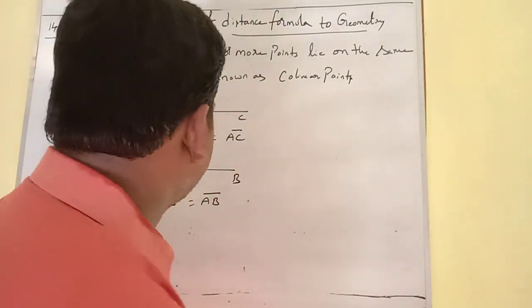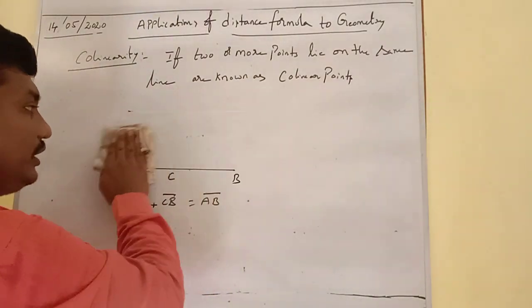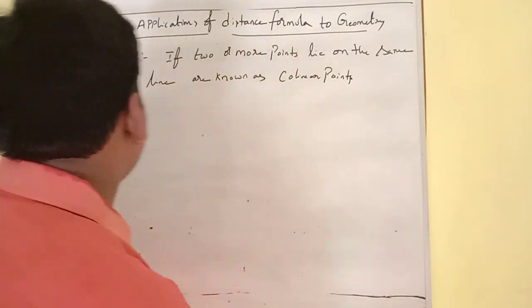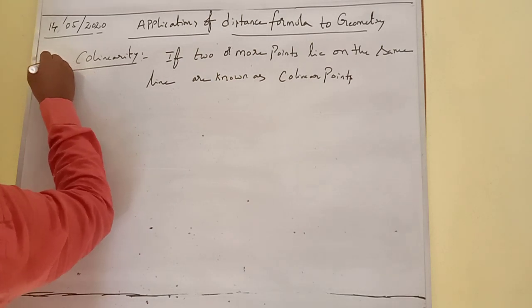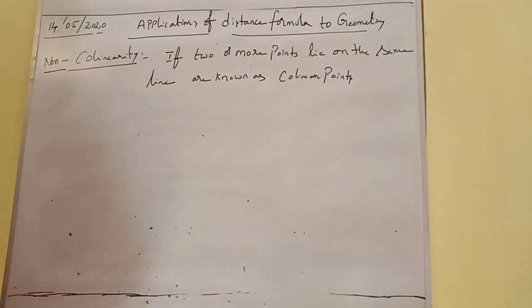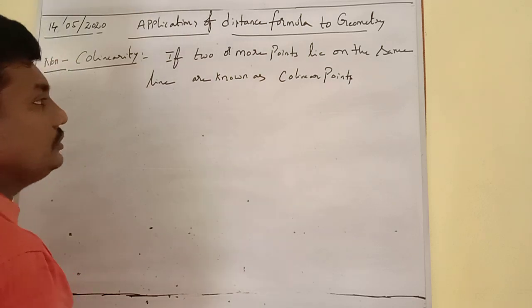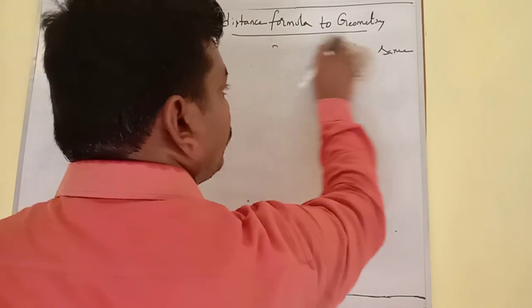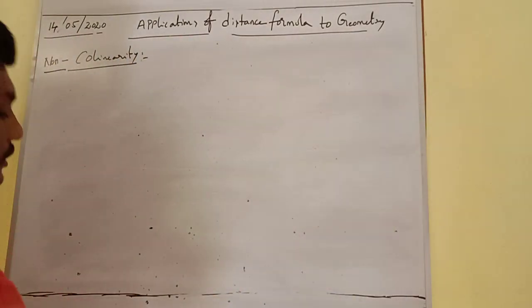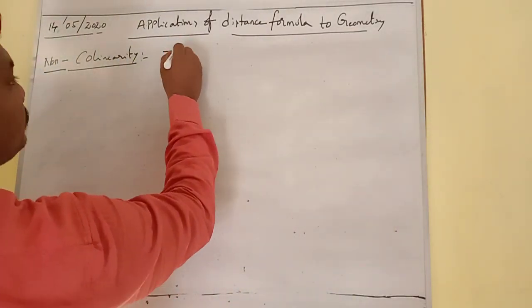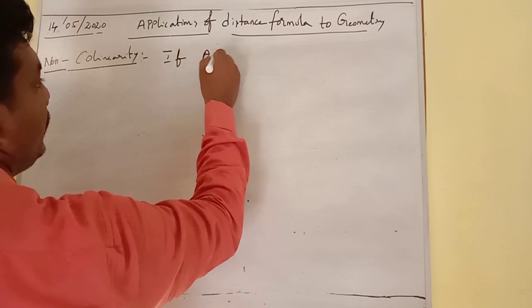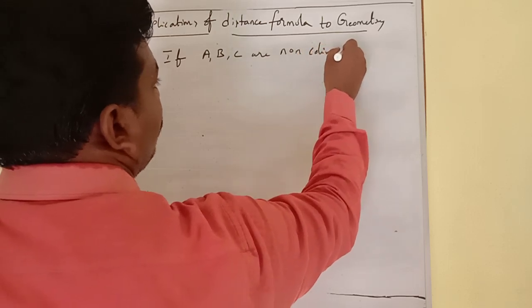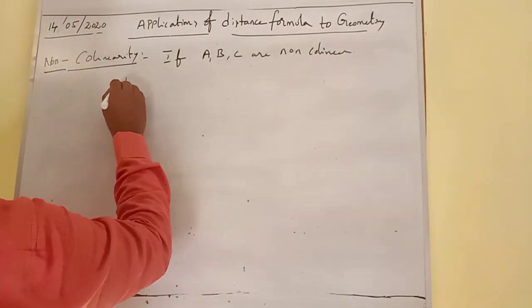Now, in the case of non-collinearity, how is it? Non-collinear points. If 3 points A, B, C are non-collinear, what happens? They form a triangle.